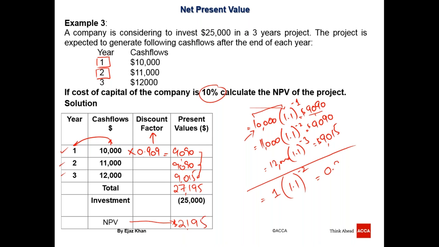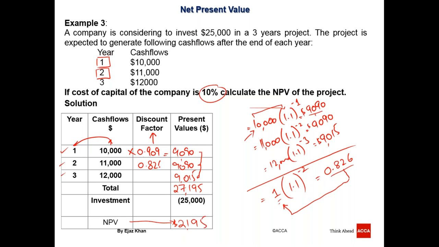So definitely we will be investing less than the previous value, because this amount will be now received in 2 years' time. So the company will be investing 0.826 today, so that when it receives $1 after 2 years, it will be able to generate its 10% per annum return. So for every $1 to be received in 2 years' time, the company is going to be investing 0.826.